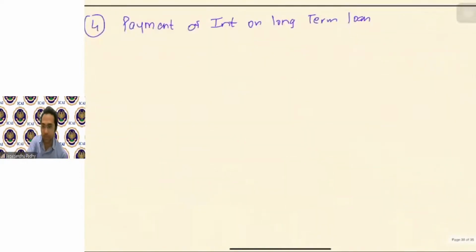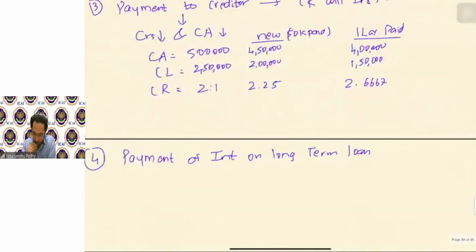Now this one, fourth one guys. If you have a payment of interest on long-term loan, what will be the impact of this payment of interest? Whether the current ratio will increase, decrease, or is it going to remain same?